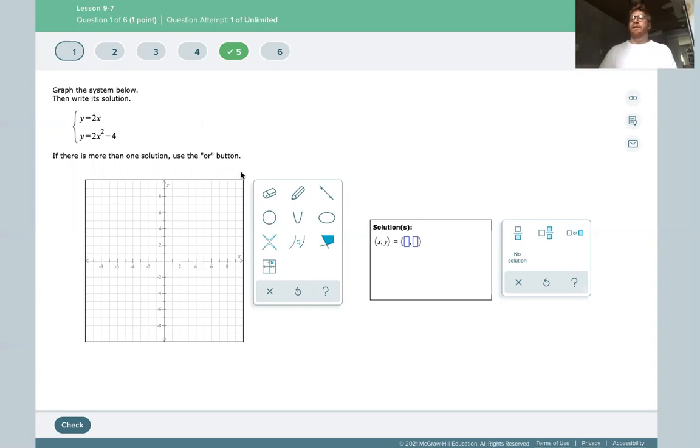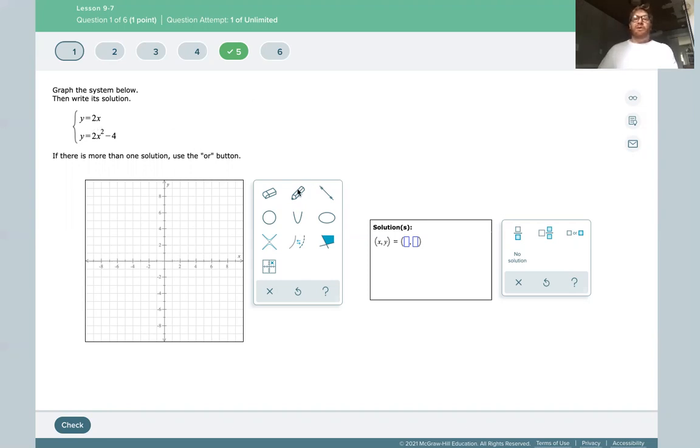M is your slope, and b is a constant off to the side, which we don't have in this one, but if we did, it would be where it crosses the y-axis. And when you don't have one, that means it's 0. So I already know, looking at y equals 2x, that my y-intercept is 0 because it would be 2x plus 0. They just don't write it.